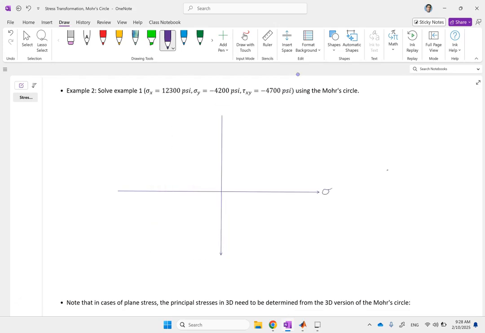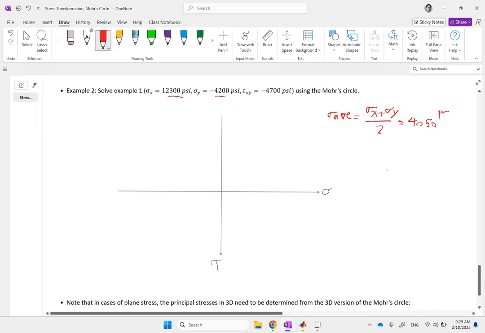Remember, this is your sigma, this is your tau. The first thing you need to find is the center. So you need to find the sigma average, which in this case is sigma x plus sigma y divided by 2. And we add these and subtract. You're going to get 40, 50. So that point and 0 tau, that is where the center of the circle is.